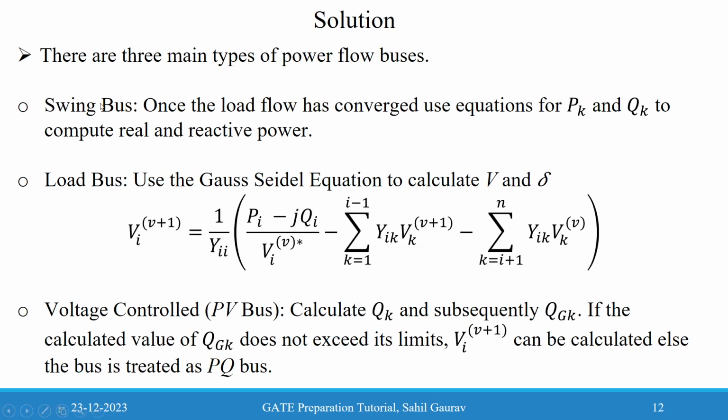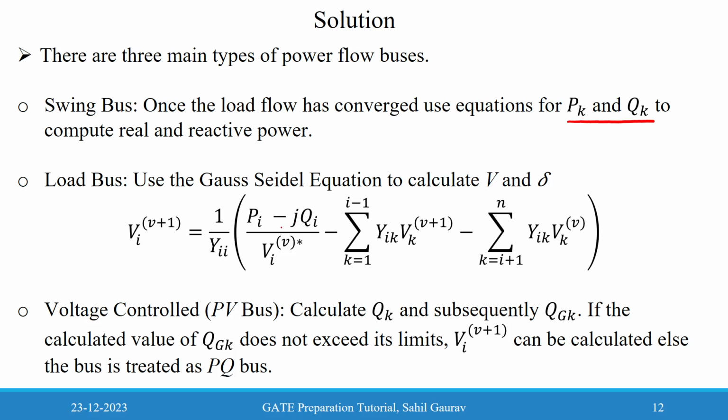Now the solution, for the unknown quantities at the different types of buses. For the swing bus, once the load flow has converged, we use the equations for Pk and Qk to compute the real and reactive power. I have shown in the first slide how you can compute the active and reactive power; these are known as the load flow equations. After knowing the voltages at different buses, you can apply these equations and find the active and reactive power for the swing bus.